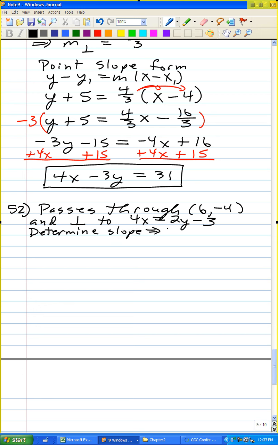So I want to put this into slope-intercept form. Let me solve this equation for y. Let me add 3 to both sides of my equation.